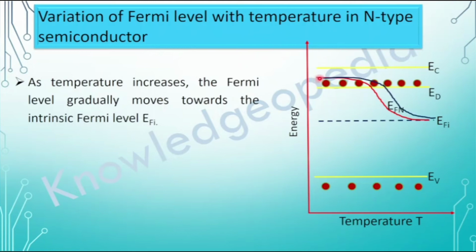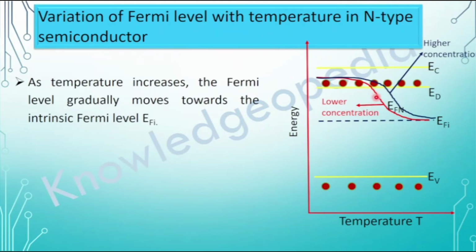Thus, it will move to the intrinsic Fermi energy, but that trend will start at a higher temperature and it will reach the intrinsic Fermi energy at a higher temperature compared to the previous one. So here this blue one is for higher concentration, this red one is for lower concentration.